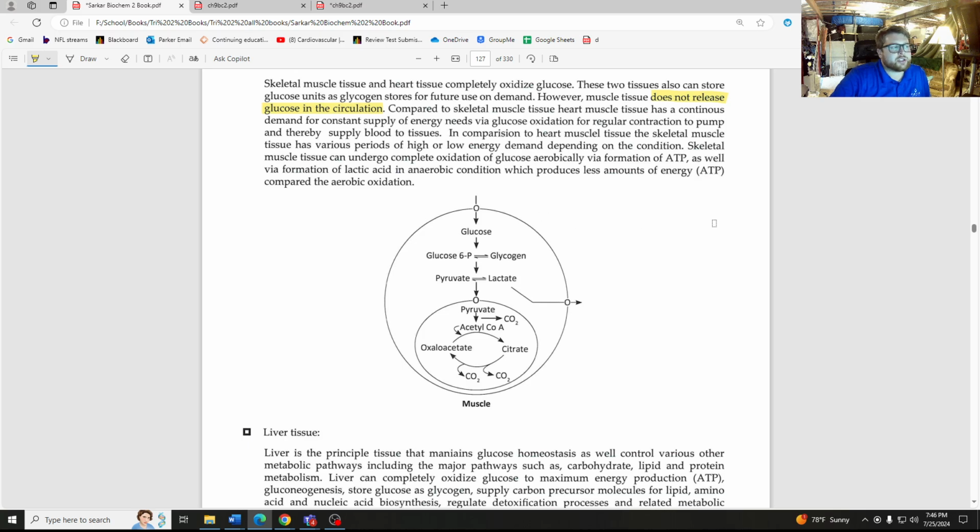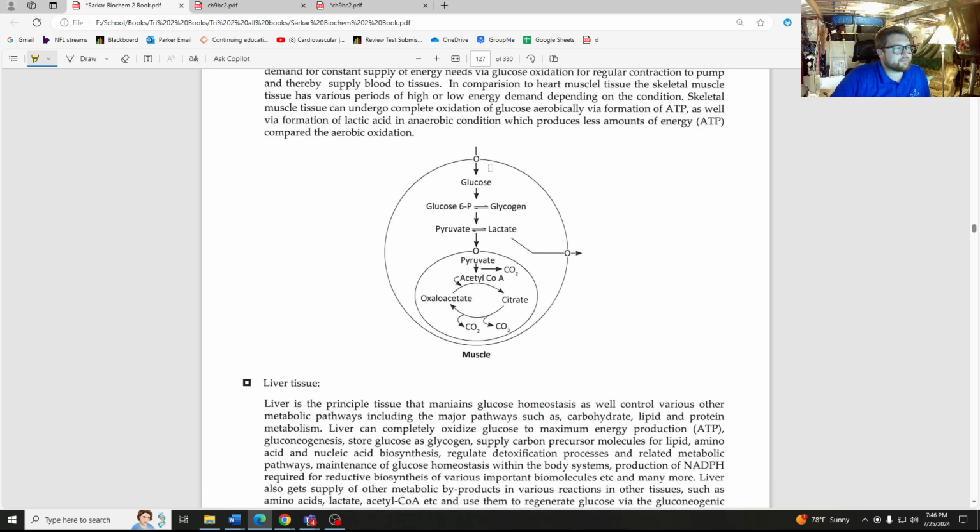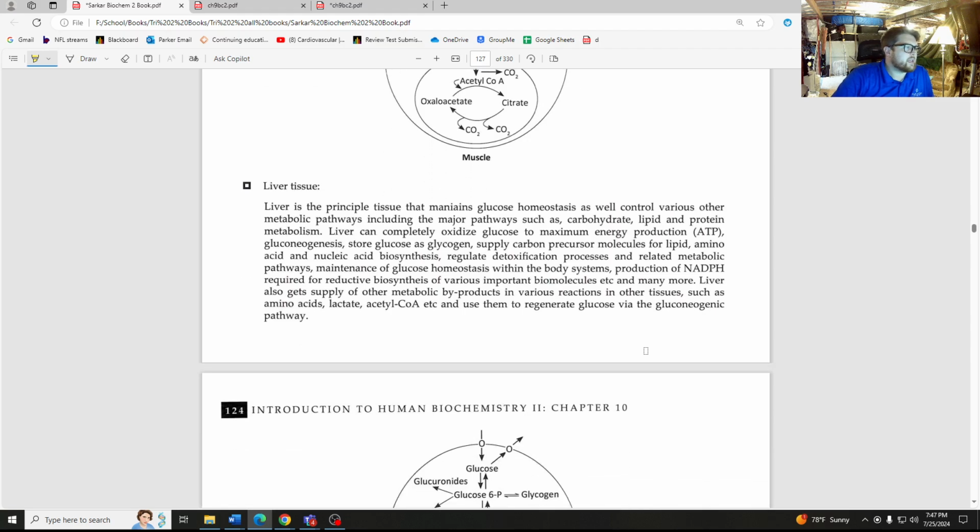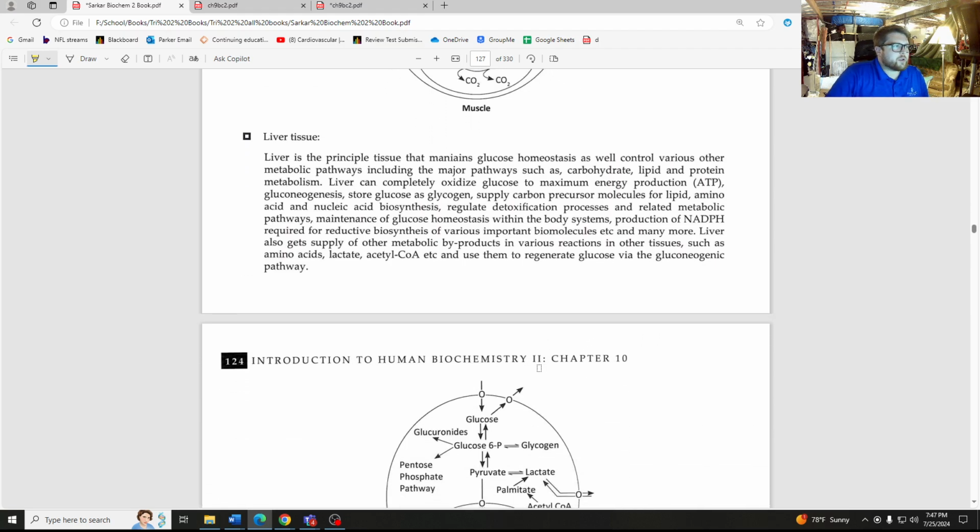All of that should sound very, very familiar. Going from glucose, they're storing it into glycogen, or going into pyruvate in order to go into our whole Krebs cycle, or going to lactate if we don't have oxygen. Now, liver is the principal tissue that maintains glucose homeostasis.